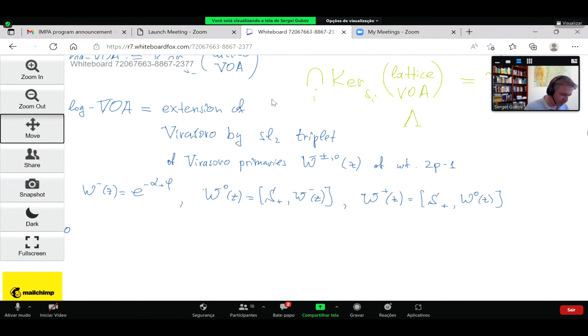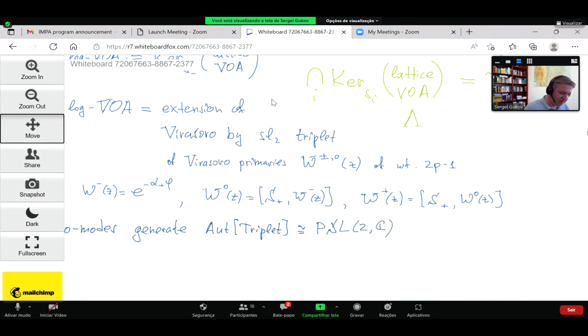I'll call them zero modes. They generate a global symmetry, namely an automorphism of this triplet algebra. The automorphism of this triplet is non-trivial and is the group PSL2C.